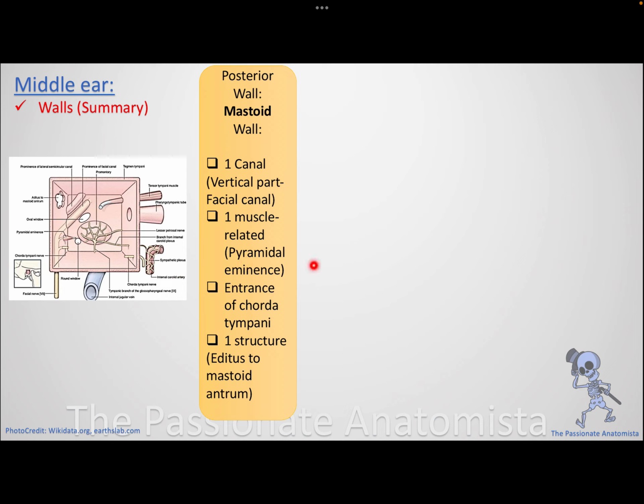All right, and then you have the entrance of chorda, and then the structure is, this is posterior wall, so it should be the aditus to mastoid antrum that takes you to the mastoid air cells. So remember, this is structure, and that structure is related to the name of your wall. And also we had in the anterior wall a canal, and also the name of the canal is related to the name of the wall, which is the carotid canal.